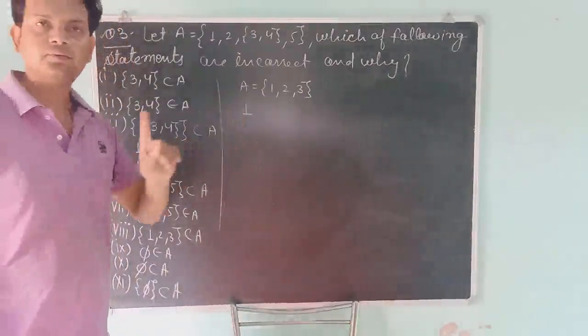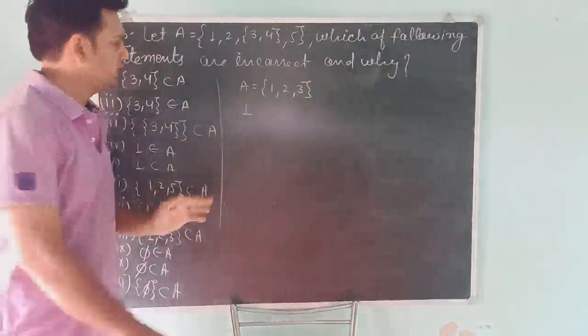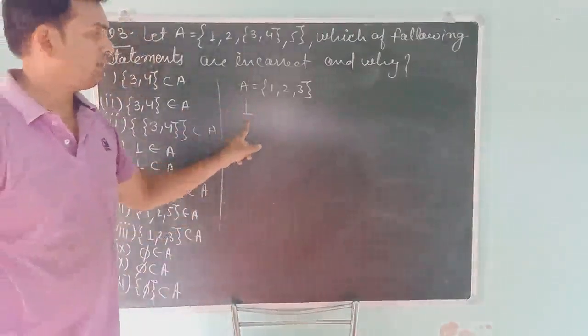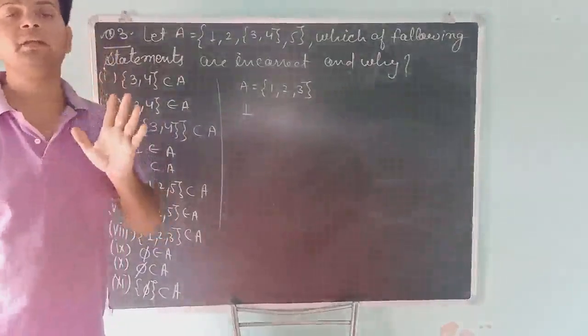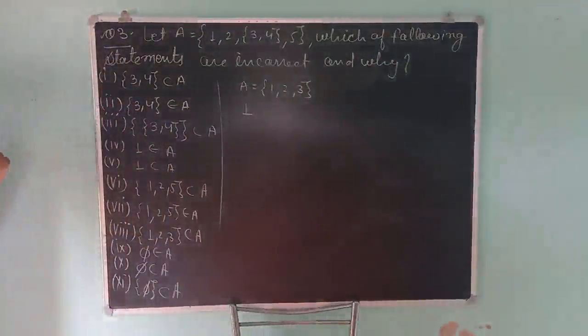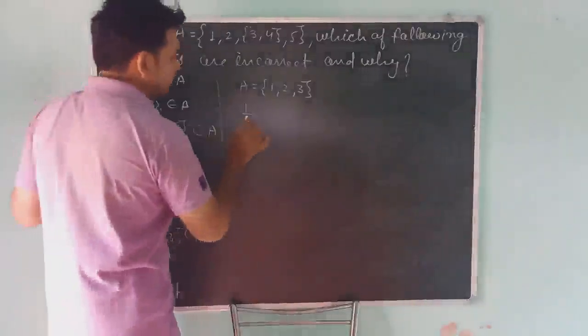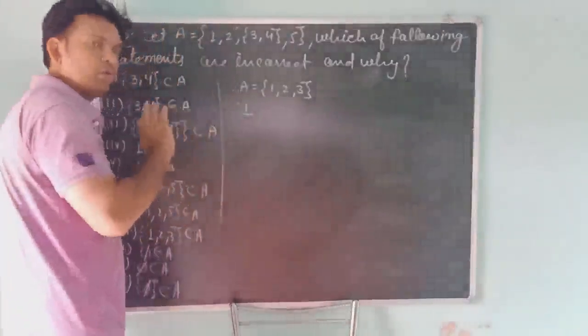I write only 1, but I am not using any bracket here. So 1 is only an element. If I am not putting any brackets, then students, 1 is not a set, not a subset.